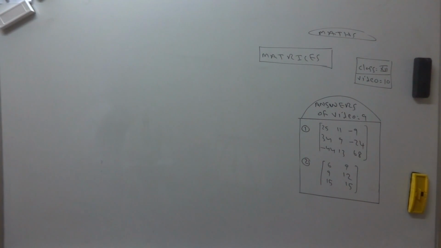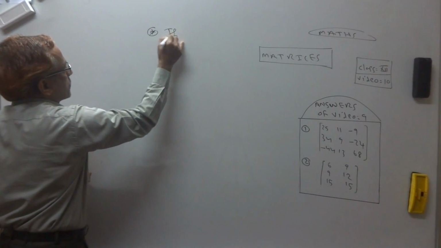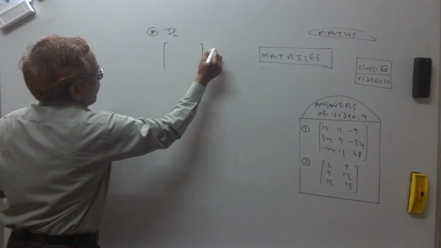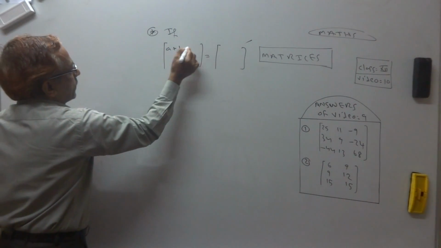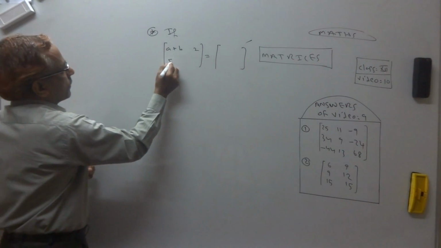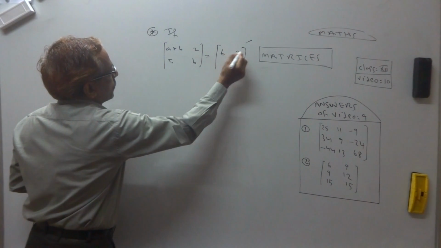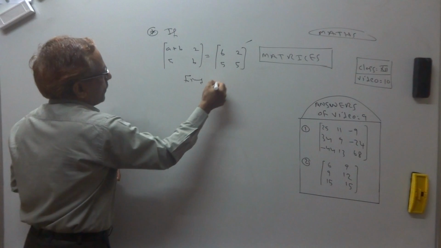Yeah, see more cases. This question is from old papers. A plus B, 2, 5B, 6, 2, 5, 5. Find AB.